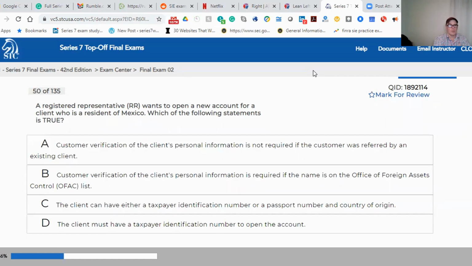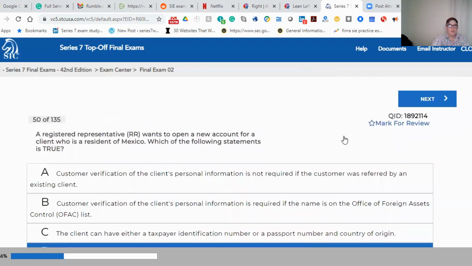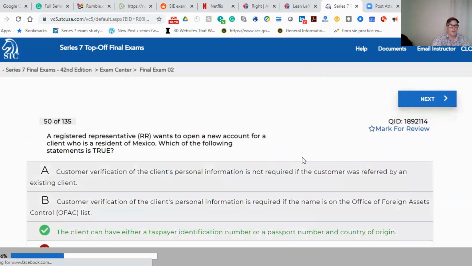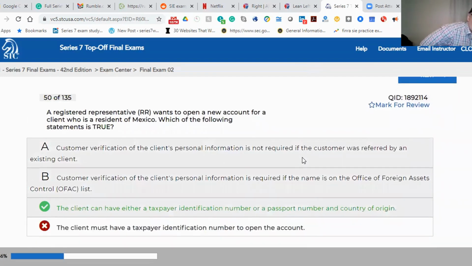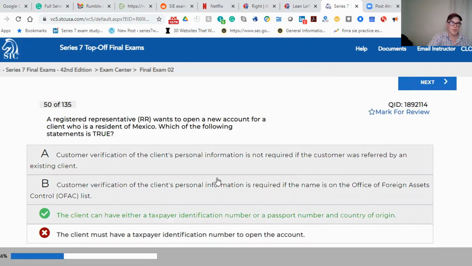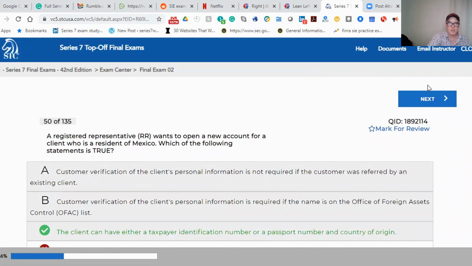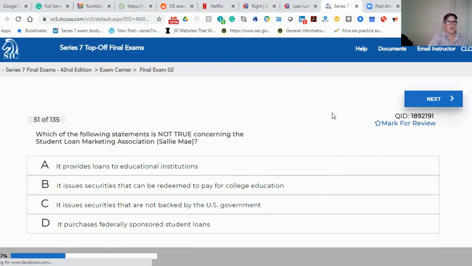I'm going to say, and I'm probably wrong, probably C, but I'm going to go with D because I like that one the best. And it's wrong. So you can have either the TIN or a passport number in the country of origin. There you go. At some point, you have to get some sort of taxpayer identification. There we go. Makes sense. Good stuff. I should have stopped at 49.